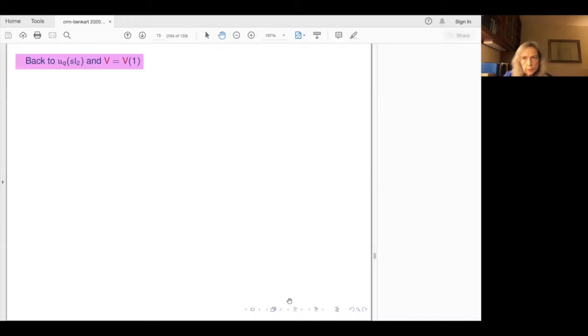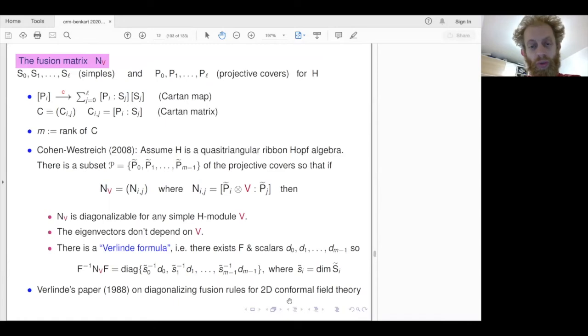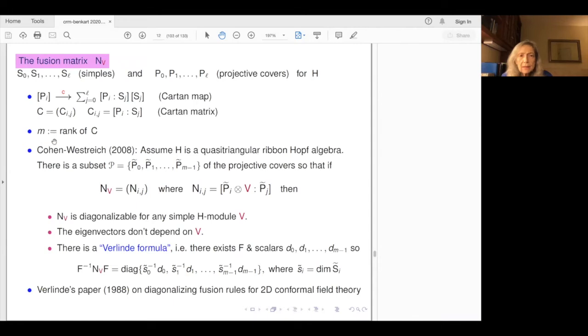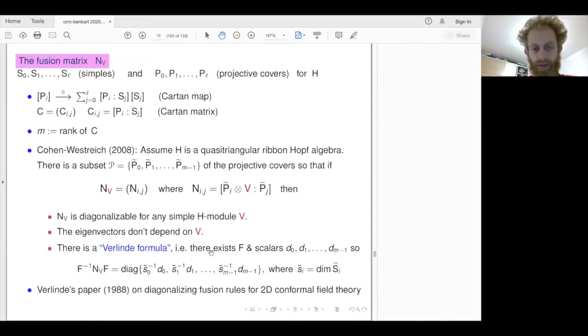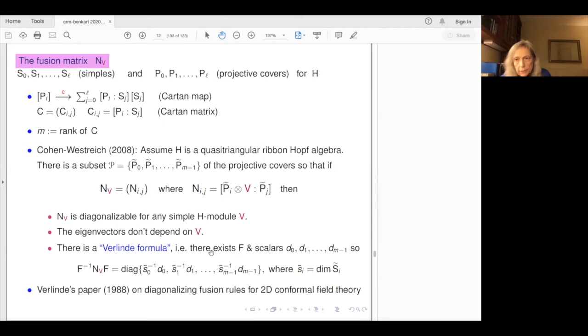I'm sorry, may I ask a question about the previous slide? Sure. So what is so special with the modules P tilde? How do you choose it among the P0, P1, PL? So you're sort of cutting out redundancies. I can illustrate it pretty well with the UqSL2 example, but you're just choosing enough to get the rank of the Cartan matrix.